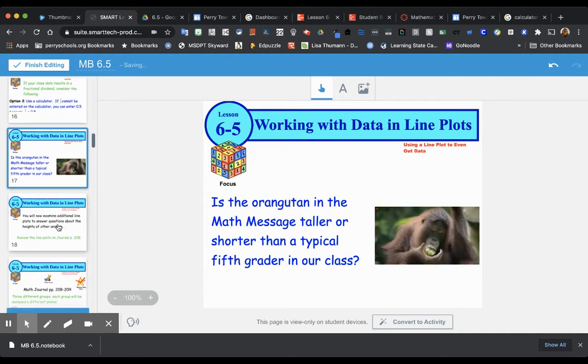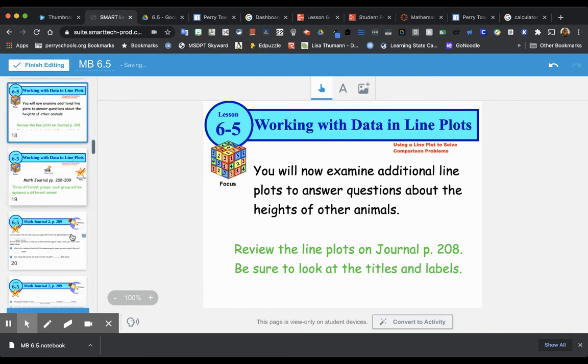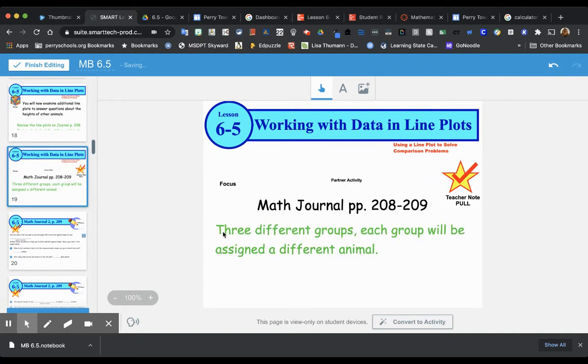So in that orangutan math message, we would be able to collect that data and decide the answer, shorter or taller. So we're going to look at some other number lines, and you're going to look at page 208 and 209. There are going to be 3 different groups of information.